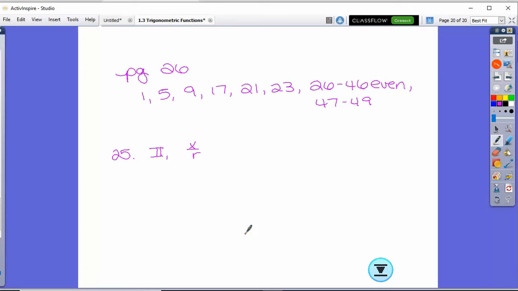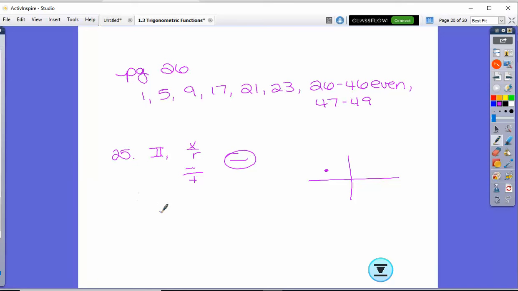Okay, all you have to think about is if you are in the second quadrant, is your x number a positive or a negative number? Negative. And we know r is positive no matter what. If you take a negative divided by a positive, your answer is negative, and that's your answer. Okay, so quite a few of these, your answer is just a positive or a negative.